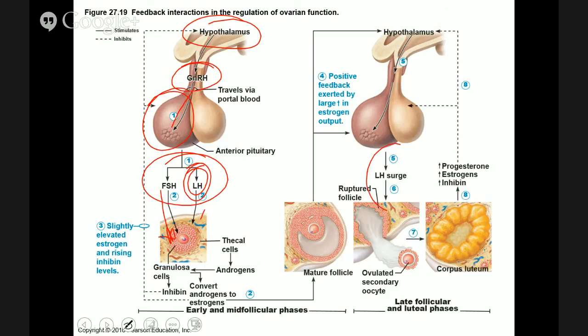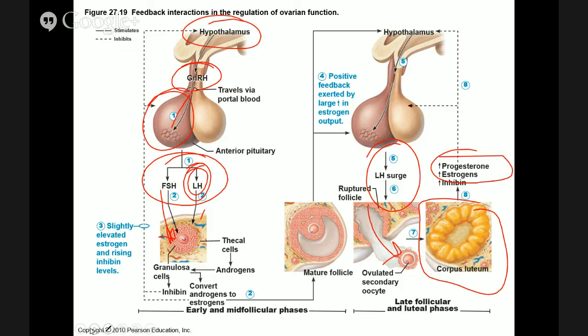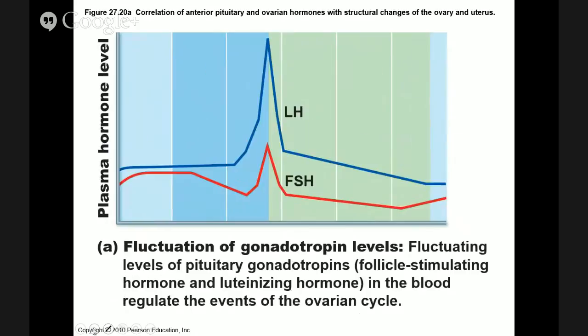When we get a surge of luteinizing hormone, that's when we eject the secondary oocyte, and then we have the corpus luteum, which is secreting the estrogen and progesterone. So you can see right at the point of ovulation, we have the luteinizing hormone and the follicle stimulating hormone that take a little bit of a spike.